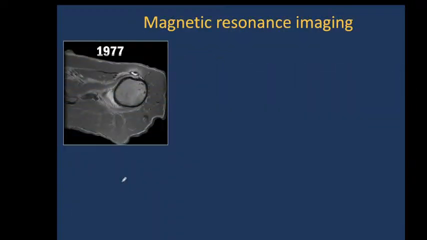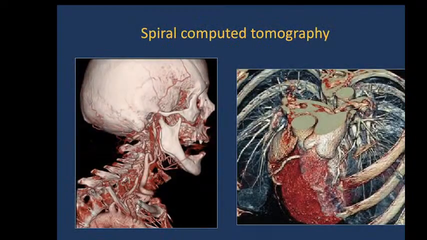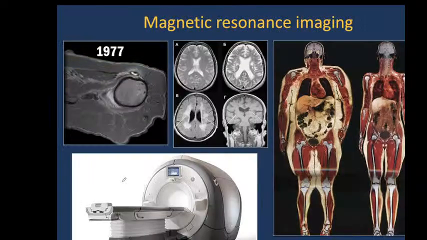And the more modern method of radiation examination is magnetic resonance imaging. We call it in abbreviature MRI, like magnetic resonance imaging.